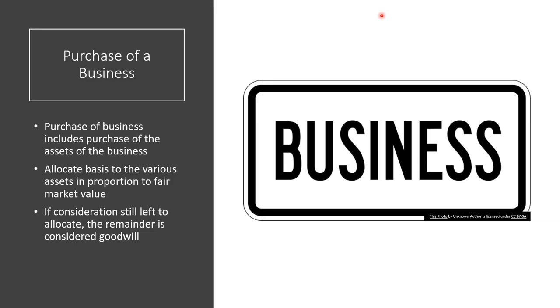If we acquire a trade or business, we allocate the consideration paid, or what we paid, to the various assets acquired. Generally, reduce the consideration paid by any cash and general deposit accounts, including checking and savings accounts received.